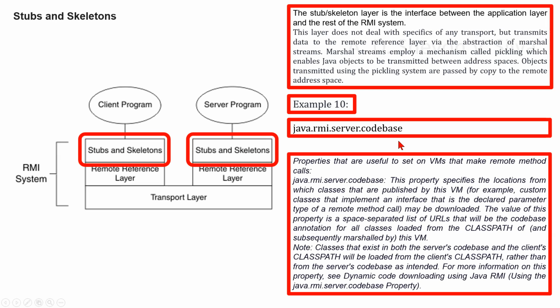The value of this property is a space-separated list of URLs that will be the codebase annotation for classes downloaded from the class path of and subsequently marshaled by this VM. Note: classes that exist in both the server's codebase and the client's class path will be loaded from the client's class path rather than from the server codebase, as intended.